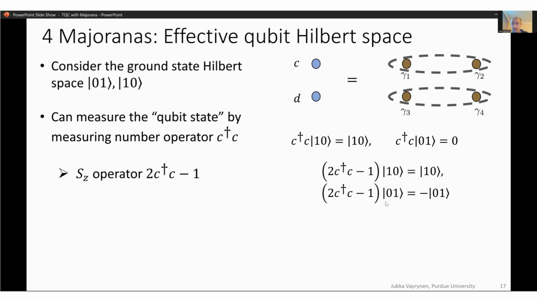Whereas if we act on the 0, 1 state, C dagger C is 0, so we get eigenvalue minus 1. So this 2 times C dagger C minus 1 is the sigma Z operator. And this sigma Z is often called the parity operator or charge parity operator.